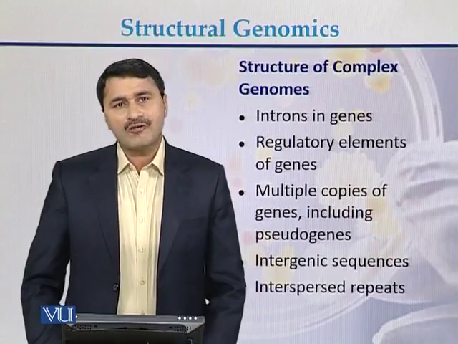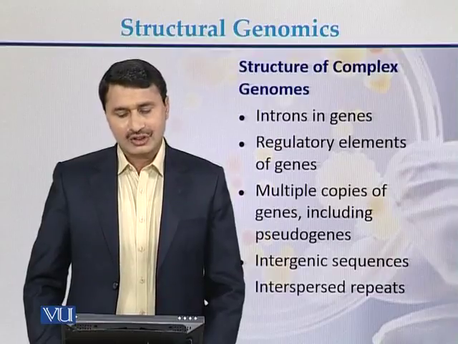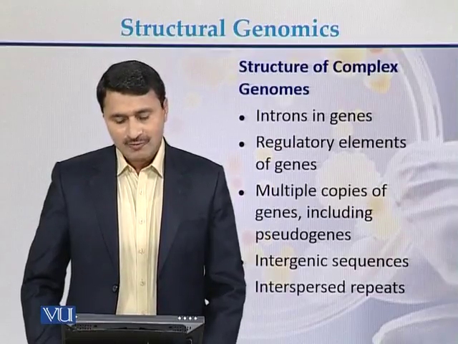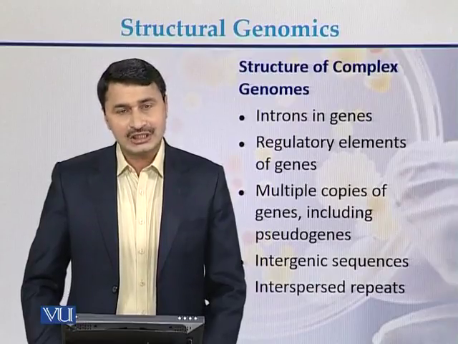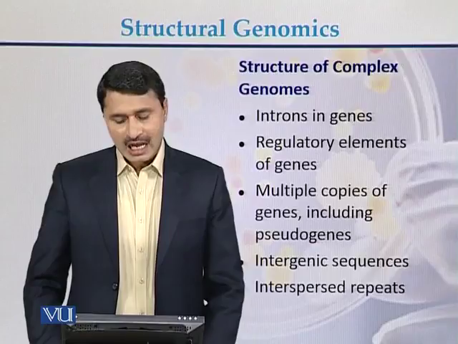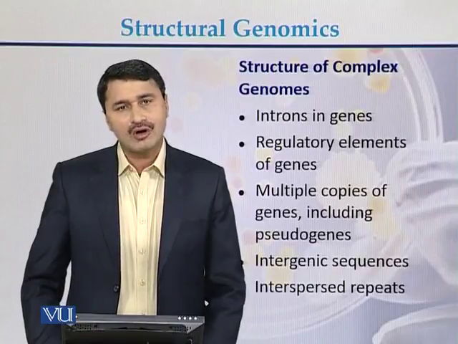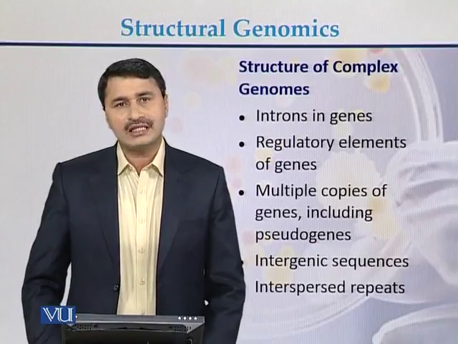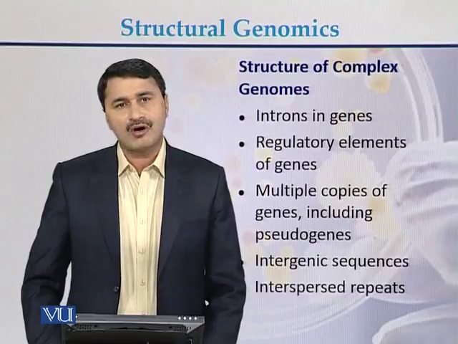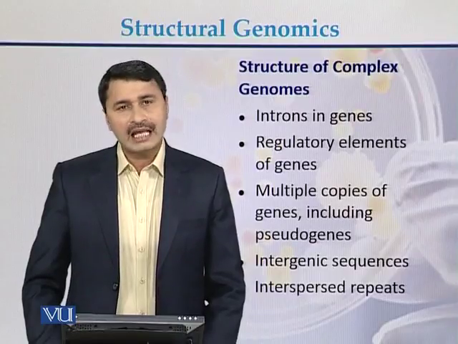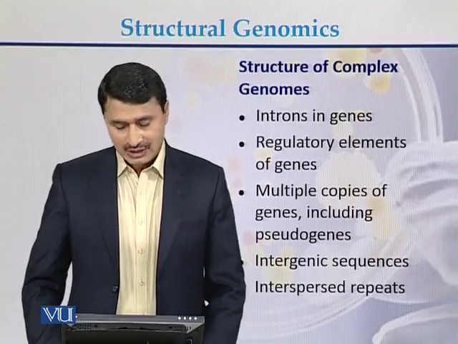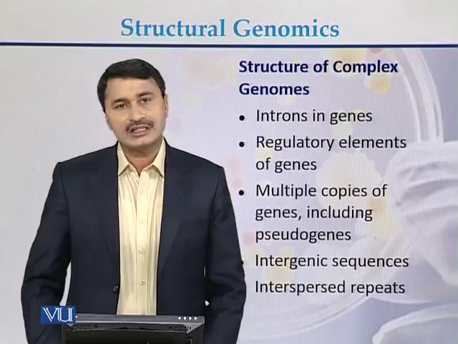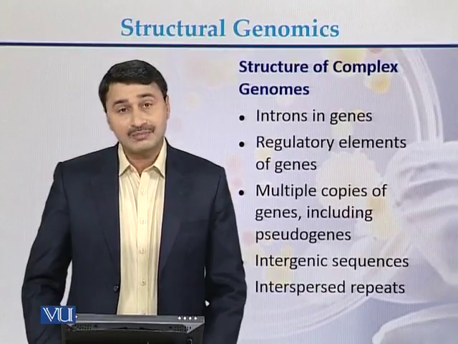While studying the structure of complex genomes, we see that there are introns within the genes. We see that there are regulatory elements of the genes that can be enhancers or silencers. There can be multiple copies of genes, including pseudogenes. There can be intergenic sequences as well as interspersed repeats.